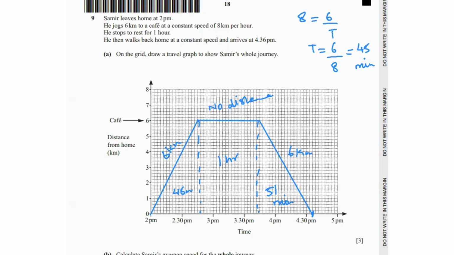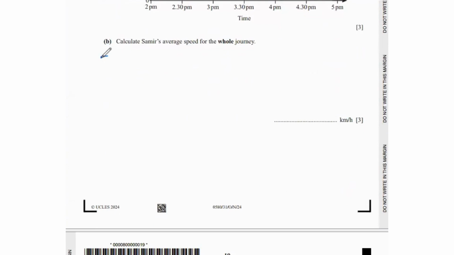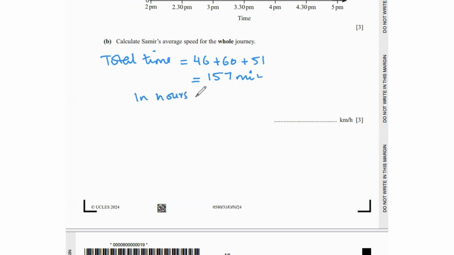So total time is 45 plus 60 plus 51. That is 157 minutes. So in hours, we divide 157 by 60, and that gives us 2.6 hours.